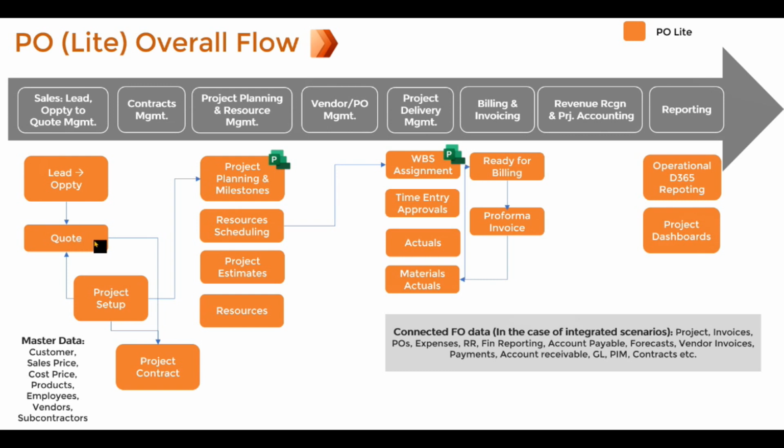Then we will create a quote, and in parallel set up a project related to this quote, and then the project contract will be created. We will be covering only the happy path scenario, where we assume that whatever quote we send to the customer will be accepted by the customer.